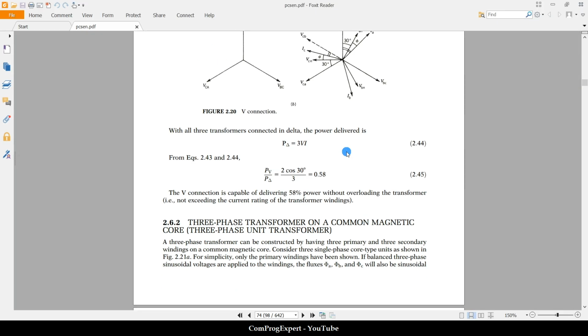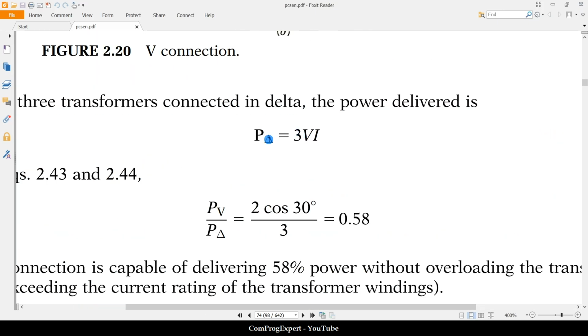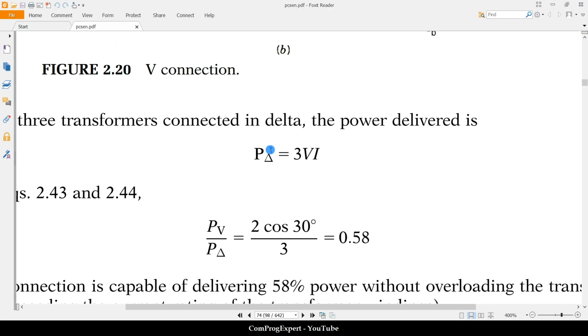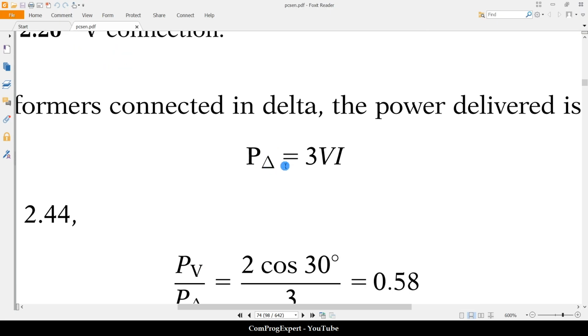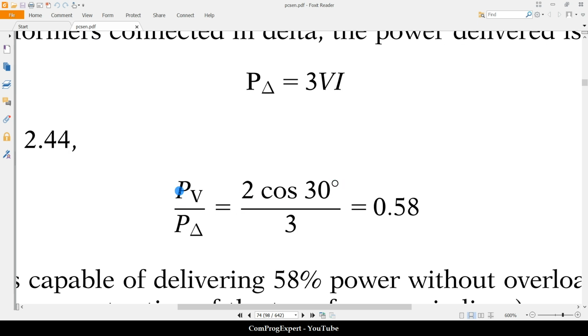So how much is the value of the power if we have all 3 single phase transformers? It is P delta, 3 times VI. That is equal to this one, and the ratio is this one.